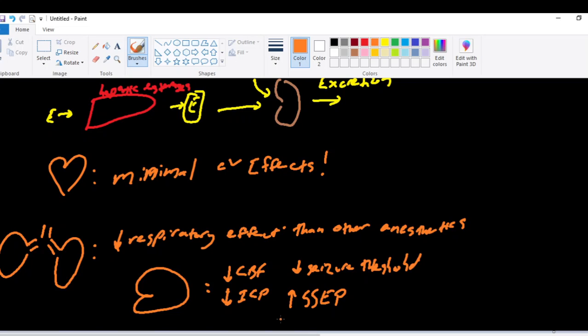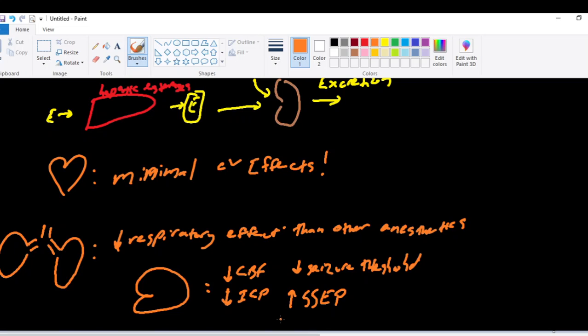And essentially what the neurophysiologist does is they shoot an electrical signal up the body through the somatosensory tract, and they're able to record the response to that stimulus.